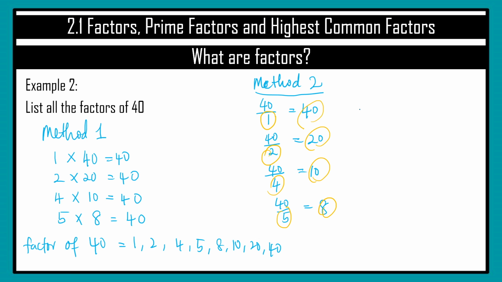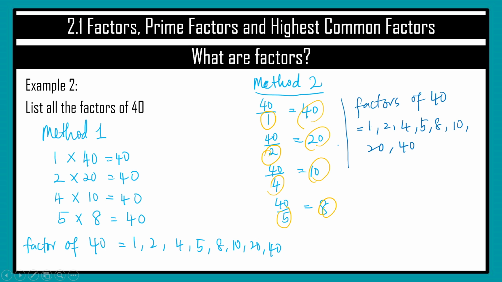The same thing. The factors of 40 are, and whenever we list anything, make sure that we list in ascending order, 1, 2, 4, 5, 8, 10, 20, and 40.